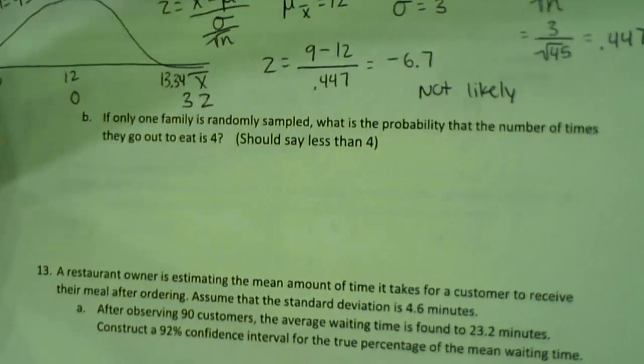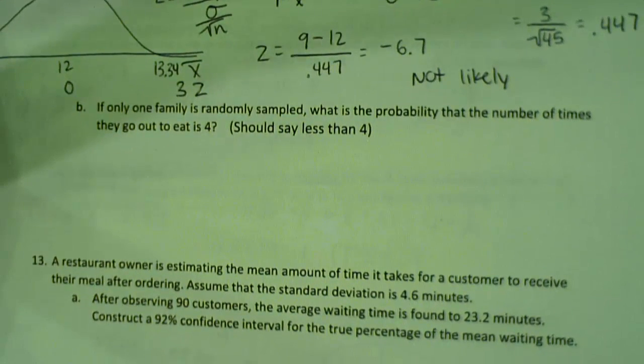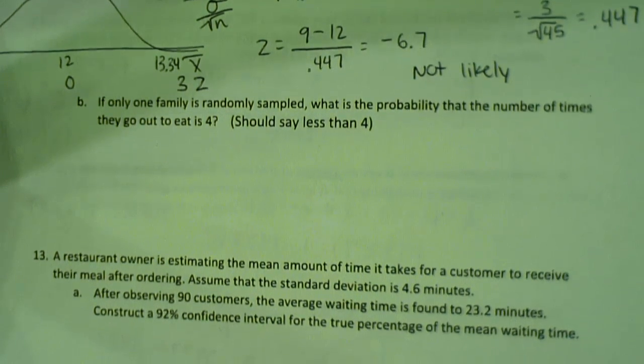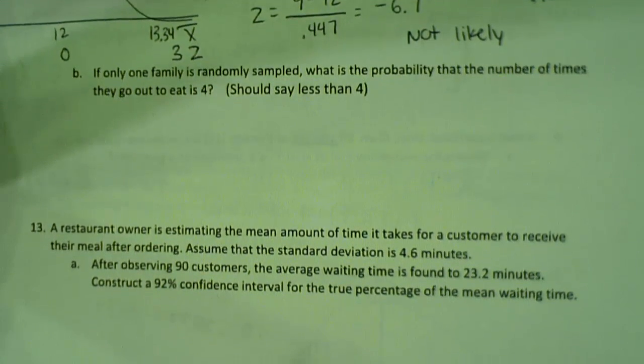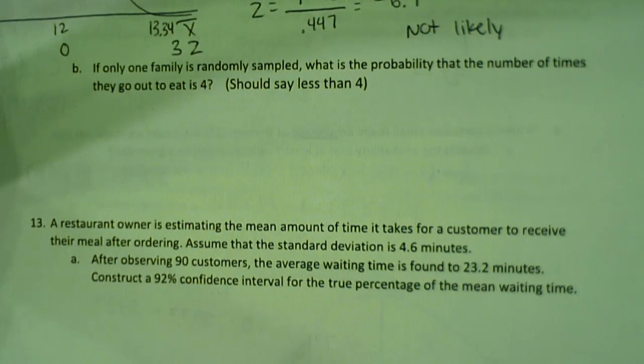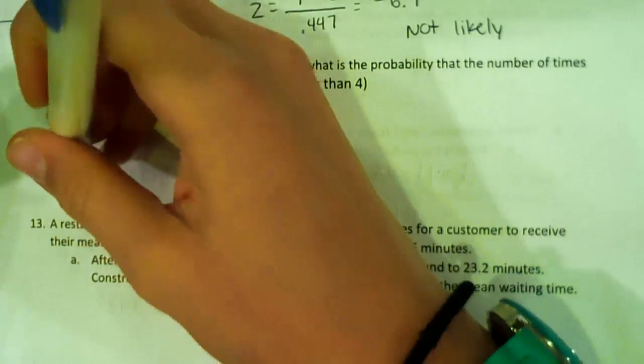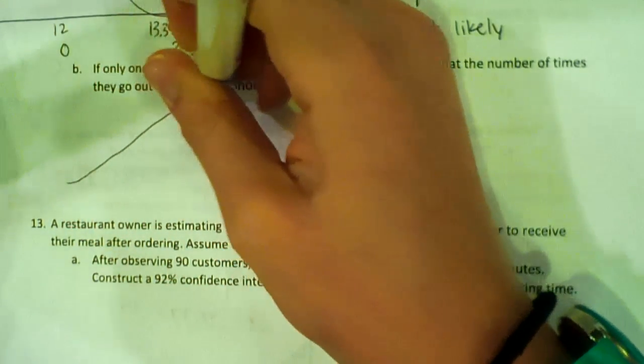Okay, so if only one family is sampled, what should the probability be that the number of times they go out to eat is 4, or less than 4? Right, so let's draw the distribution again.